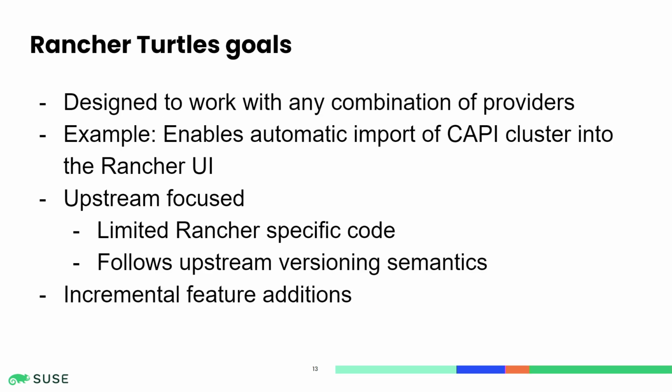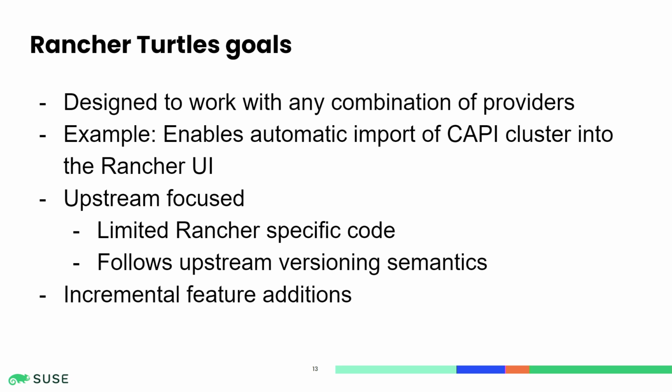About the goals, so we designed the Turtles to work with any combination of providers possible, which is supported by CAPI by contract. One of the examples is we also enabled the automatic import of CAPI clusters into the Rancher dashboard or Rancher UI.